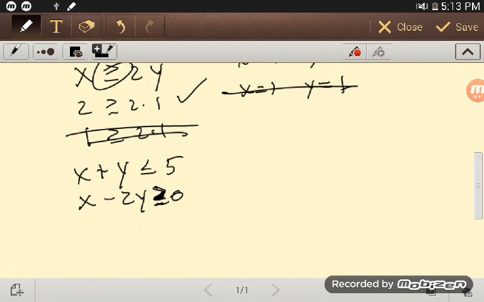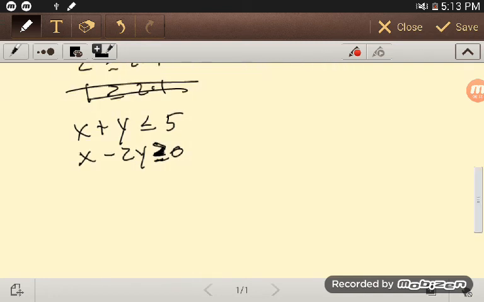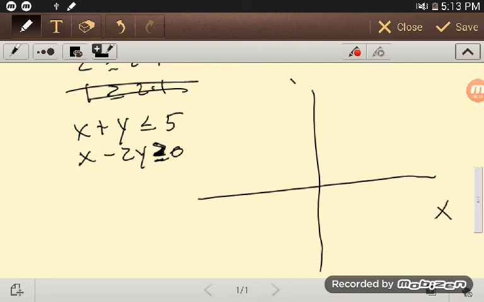And so I have these two lines, and if I plot them, here's x, here's y. Now this first one's pretty simple. If I let x equal 0, I'll get y equal 5. And if I let y equal 0, I'll get x equals 5.